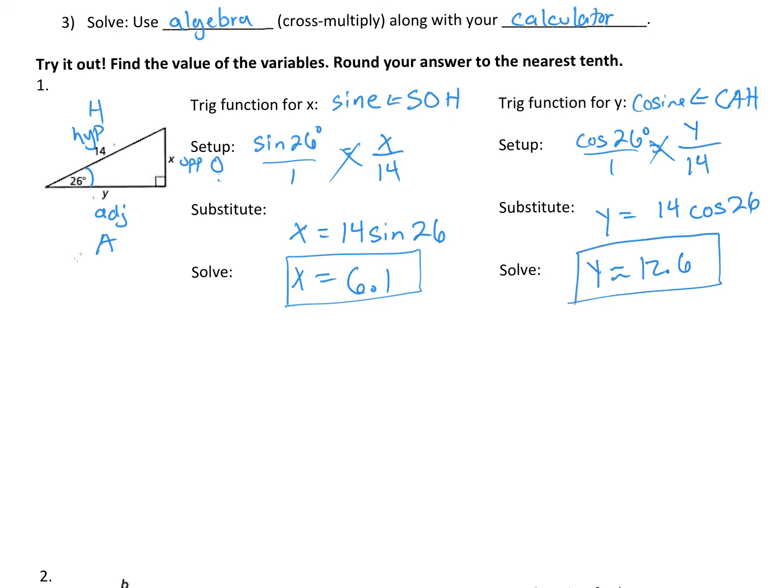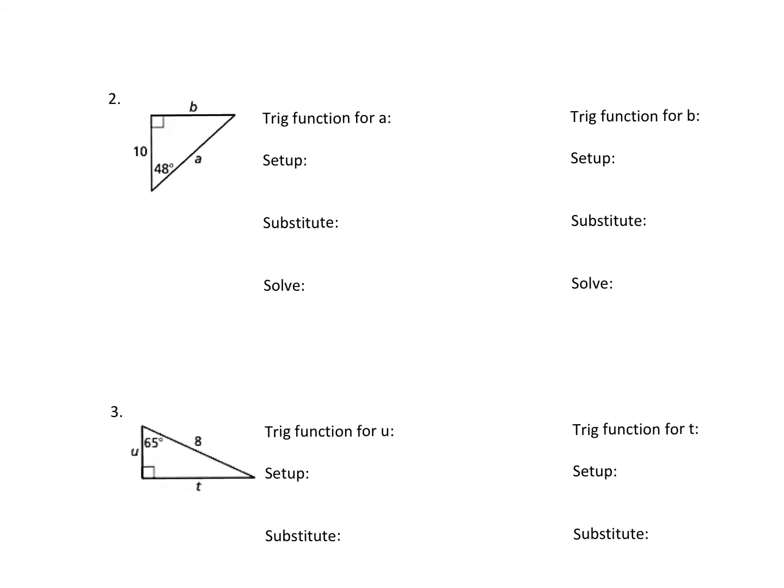Let's keep on doing some more examples. So number 2, if I want to solve for a, first I'm going to look at my angle. This is my O, my opposite. My adjacent, which is right next to it, is A. And then this is H. I want to find H. I have A right here.